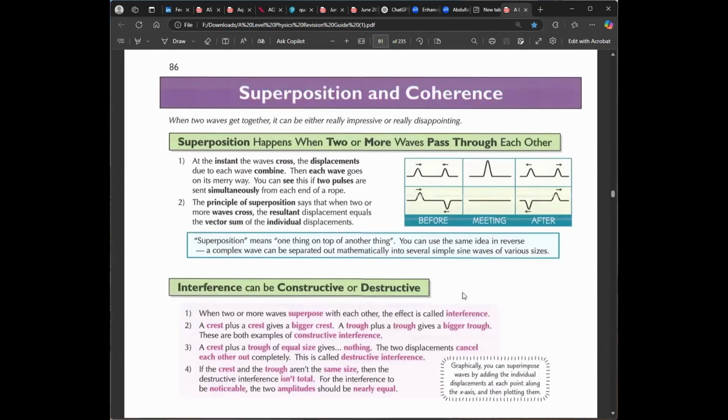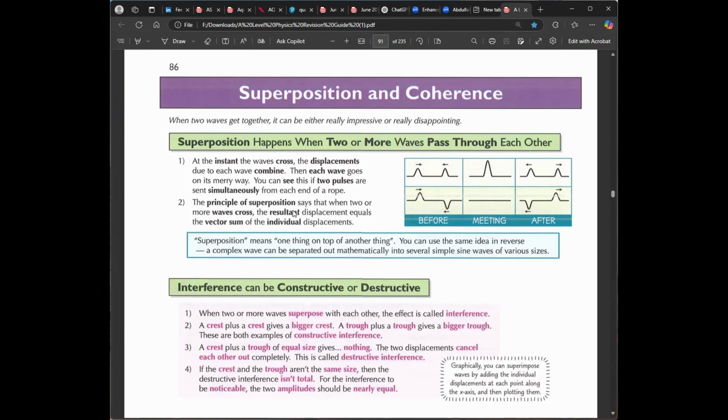Then we have superposition and coherence. So what is superposition? Superposition is when there are two waves traveling, they pass each other, or at some instant they are at the same position.